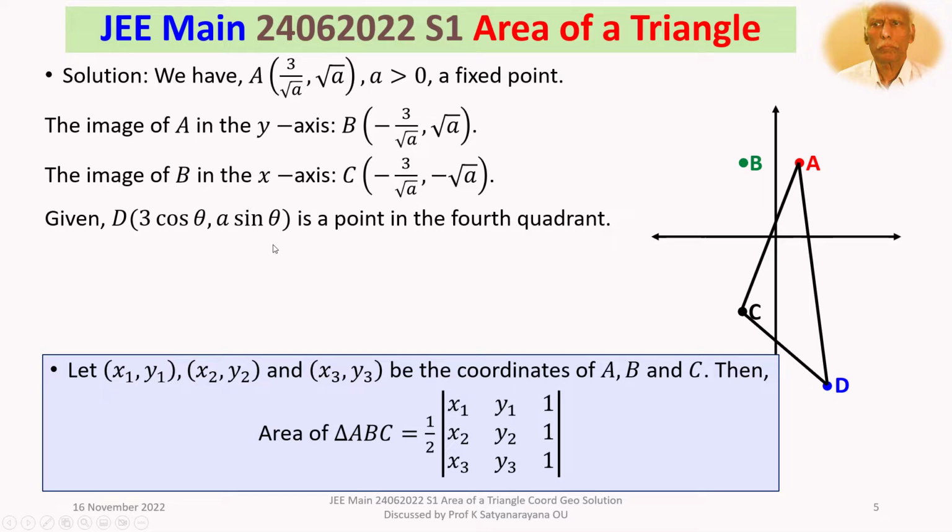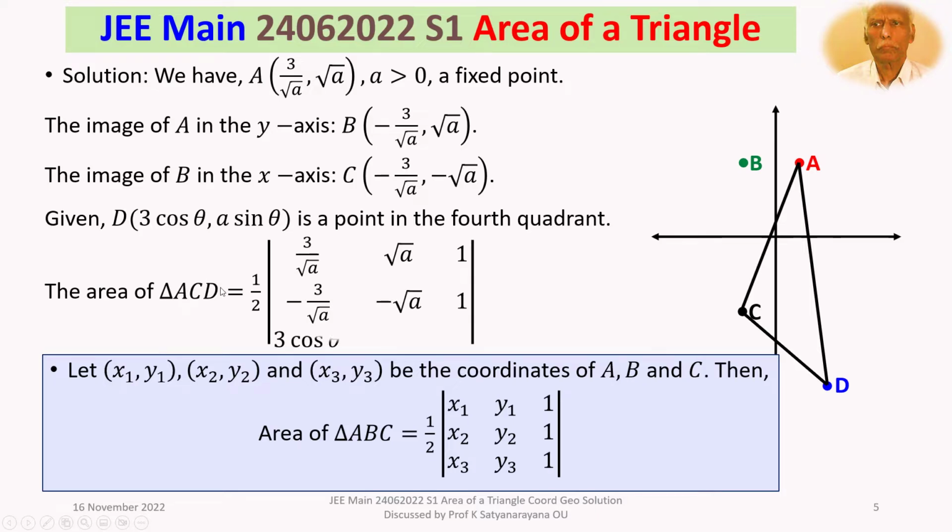Using this, the coordinates of A, C and D are known. Therefore, the area of the triangle ACD is equal to 1 by 2 into the determinant whose first row is 3 by root a, root a, 1; that of C, minus 3 by root a, minus root a, 1; that of D, 3 cos theta, a sin theta, 1.